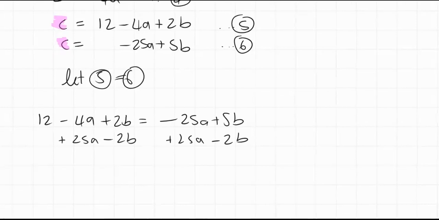Okay, let's see what happens. So plus 25A, but still got the 12 there. We plus 25A and we get minus 4 plus 25 is plus 21A. And if we minus the 2B, then we get 5 minus 2, which is 3B.